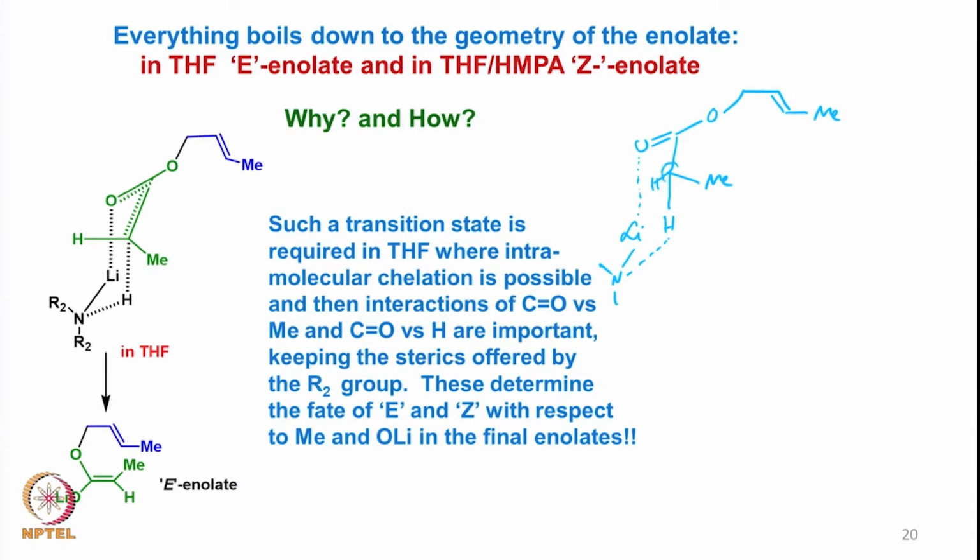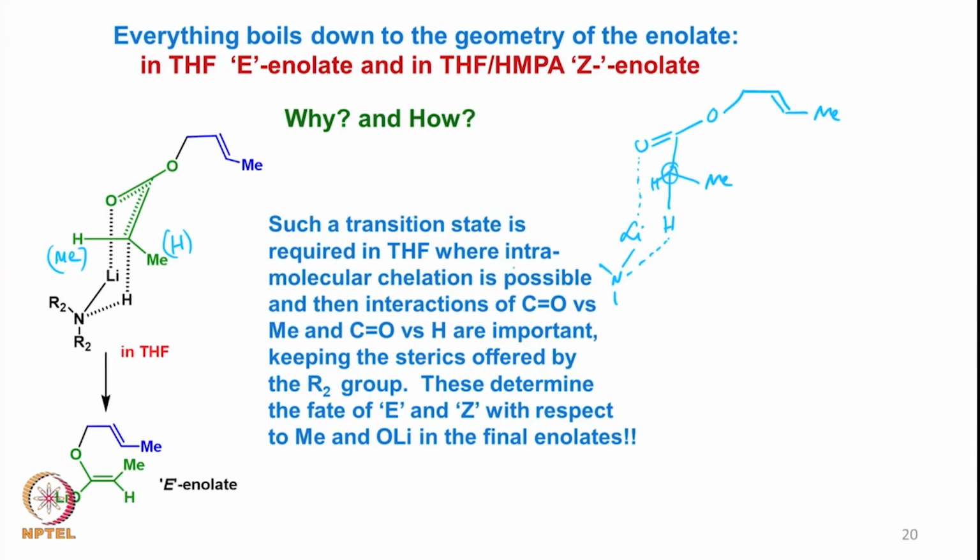Now, at this stage the other hydrogen can be on this side, or the methyl can be here, or vice versa. That means the methyl can be, as we have seen it here, it could also be methyl here or hydrogen here.